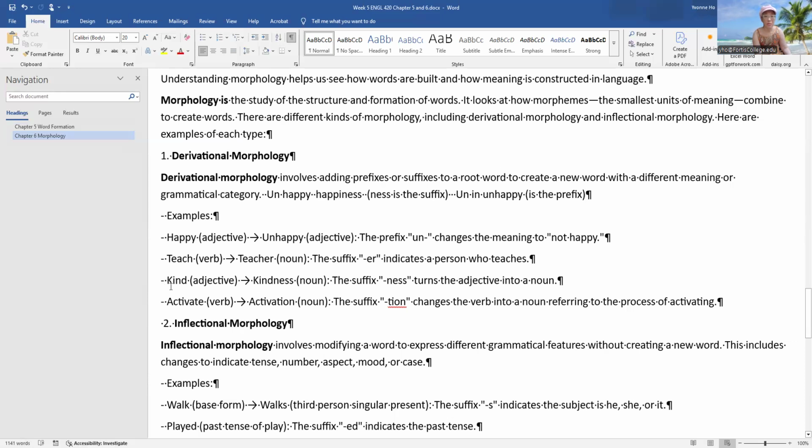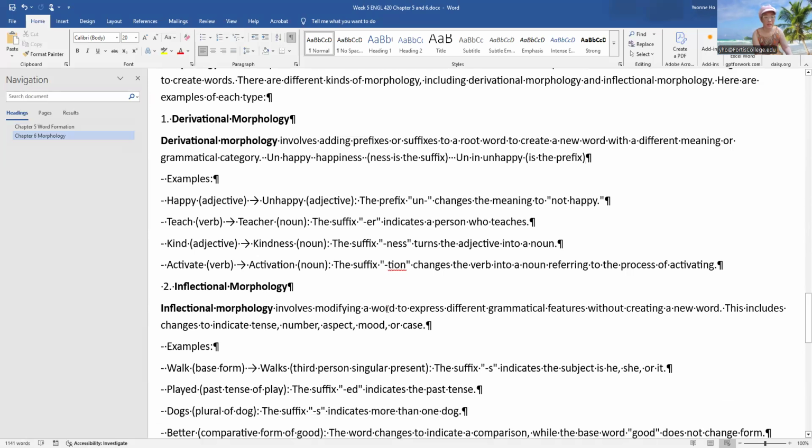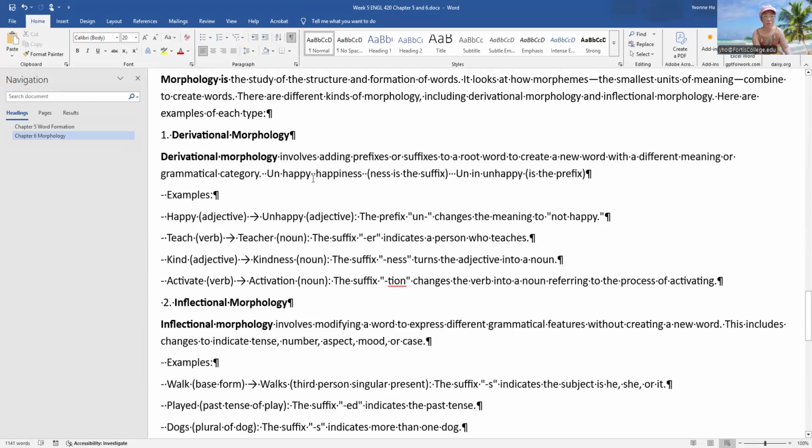Kind is the root word, and you add the suffix ness, and it becomes kindness, which turns the adjective in 'he is a kind person' into a noun: 'he shows a lot of kindness.' Activate is the root word, and you can add a suffix to make activation, which changes the verb activate into the noun activation. That's derivational morphology.